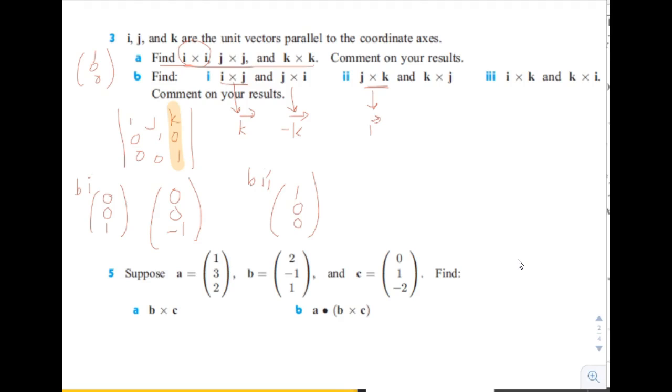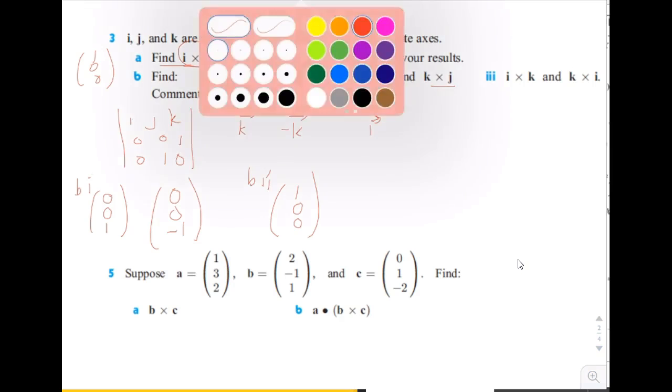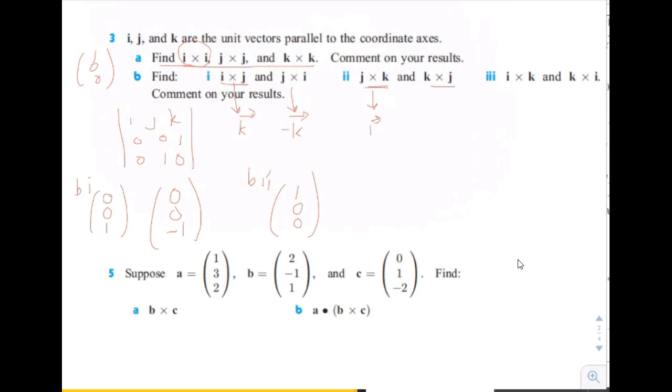Okay? And then what about K cross J? K cross J would be 0, 0, 1, which would be K, and J would be 0, 1, 0. So now I'm going to cover up I, and I'll get, let's see, 0 minus 1 times 1, which would be negative 1.